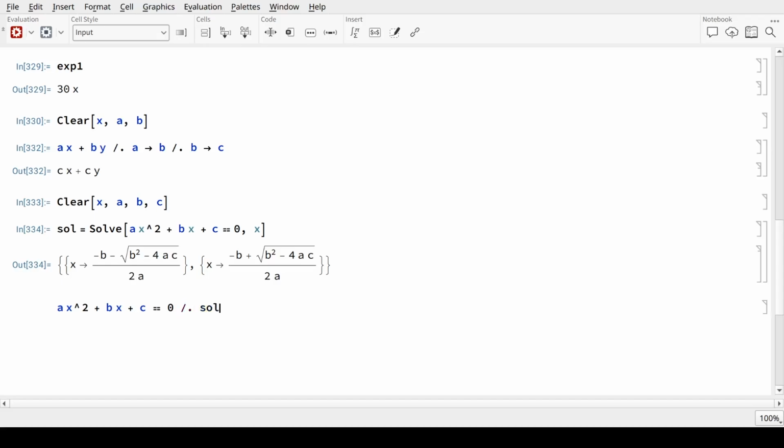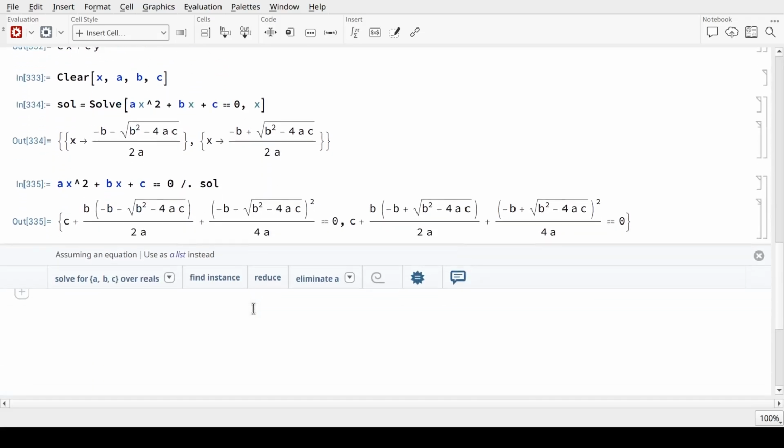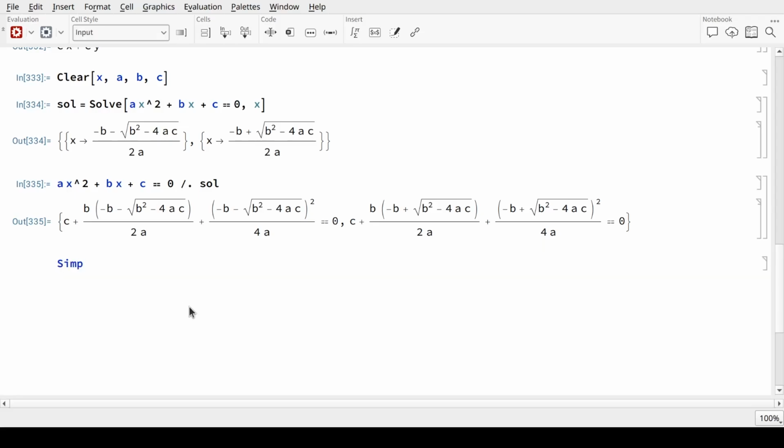Then we'll substitute the solution into it. The solution got substituted into the whole thing, and at the moment it's not apparent. Does the equality hold? In order to determine if it does hold, we just need to simplify the whole thing.